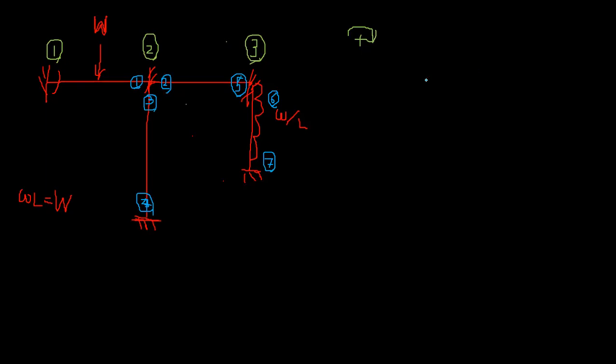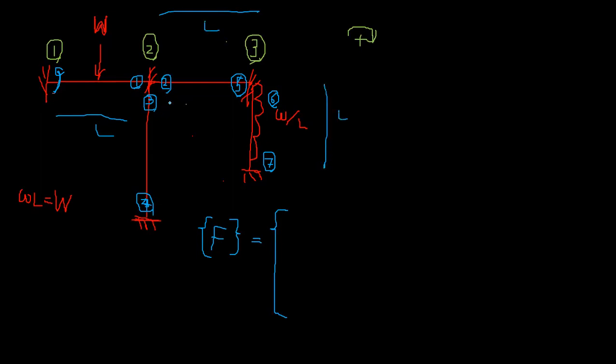The force matrix and the action matrix I need to find at each step. The force matrix I can find because I'm going to find the displacement, because we are in the displacement method. So if you find this, the fixed moment will be WL over 8. This is L, this is also L, this is also L, and this is 3L over 2. So this is WL over 8.